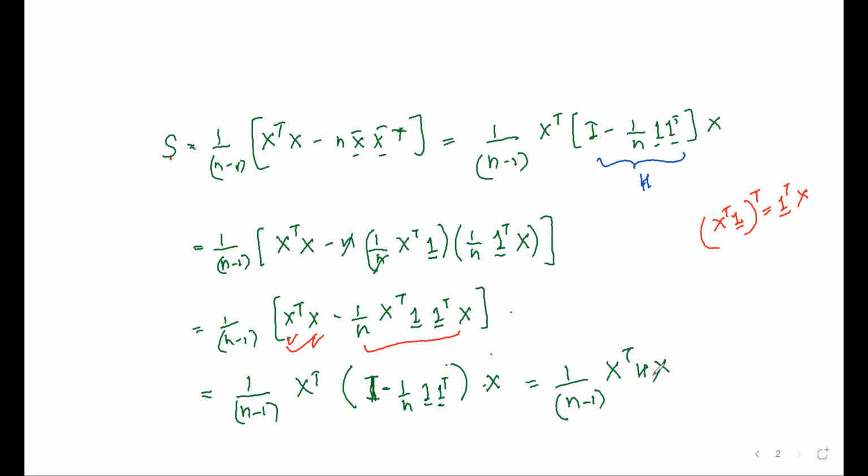Actually, that's the form we mostly use because that's the correct matrix form. Because X bar is a vector, but we have the data matrix, right, originally. So it's better to write it in data matrix form. So finally you end up with S equals 1 over N minus 1 X transpose HX. Any question there?